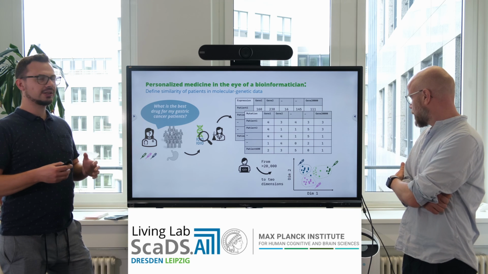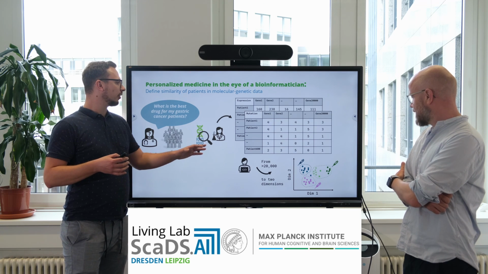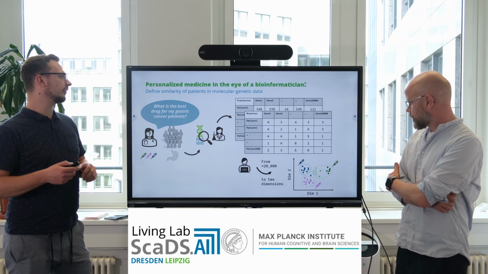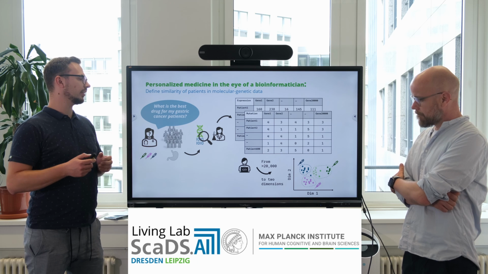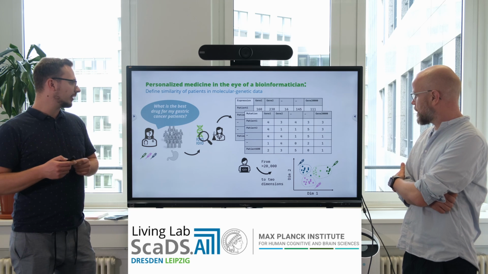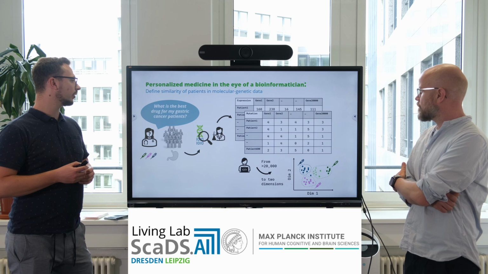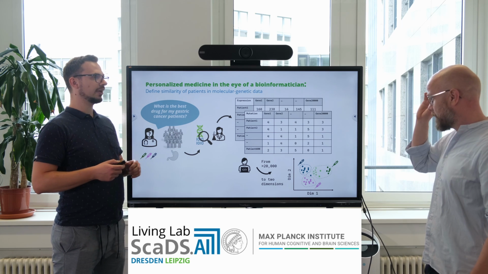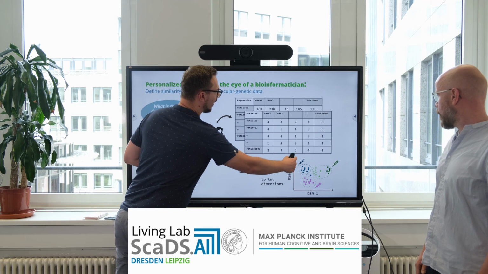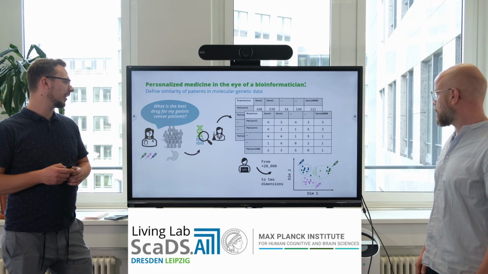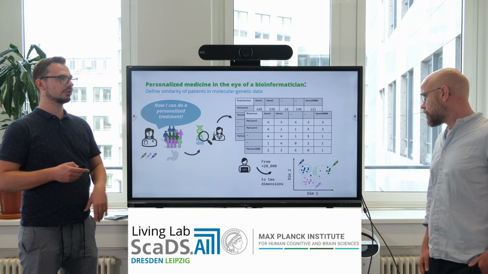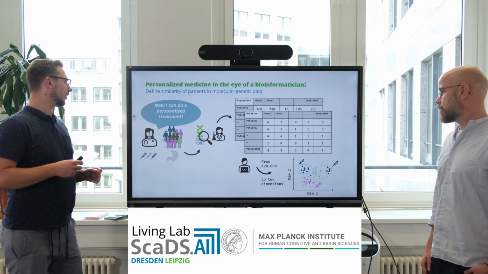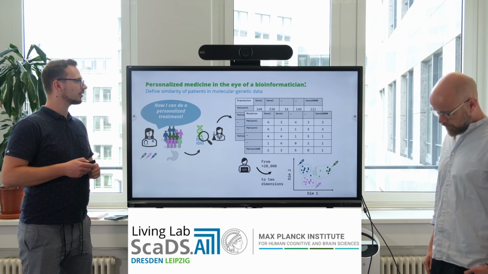However, the bioinformatician then has the problem: we have very high dimensions, but we need to define the similarity on these high dimensions. And for that, we need methods to come from these high dimensions to low dimensional representations where we can then nicely define groups of similar patients, and together with the doctors, we can then say, okay, these groups should get this best treatment option.